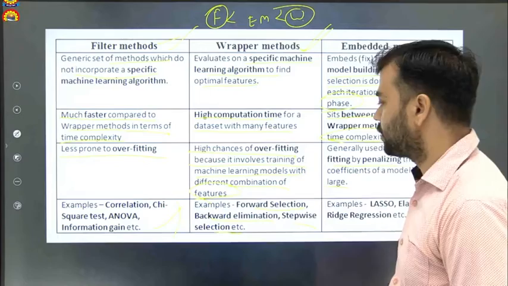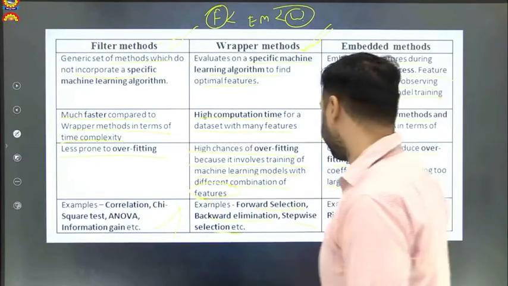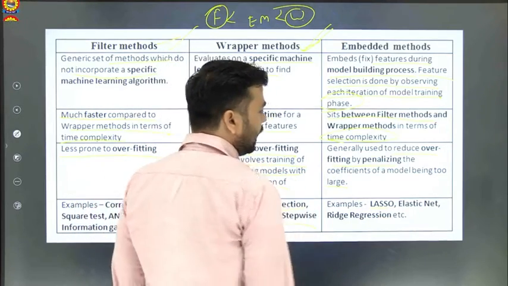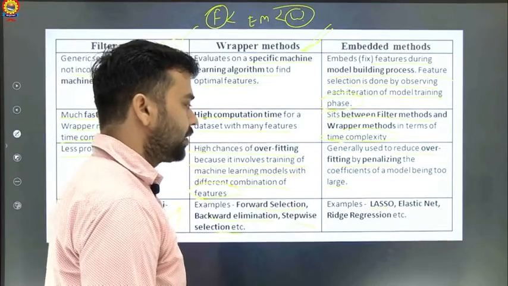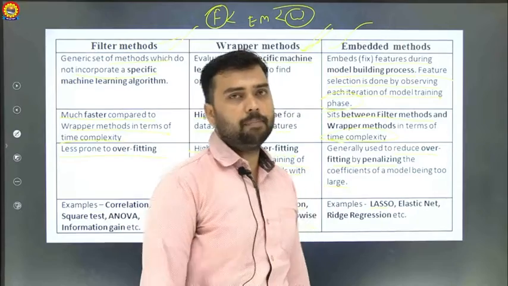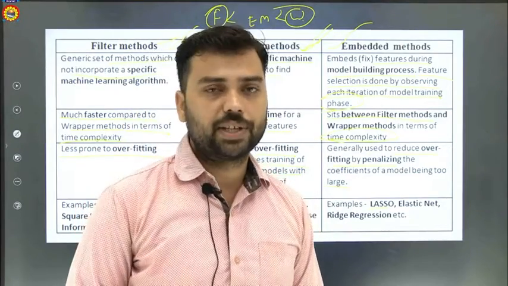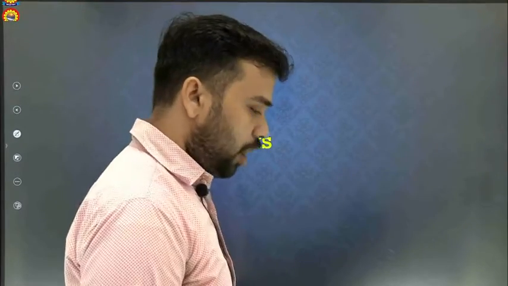And what are the embedded methods? Lasso, elastic net, ridge regression, etc. are examples of embedded methods. These are the main methods for finding the subset of features from a large set. So that is feature selection methods. It is all for today.